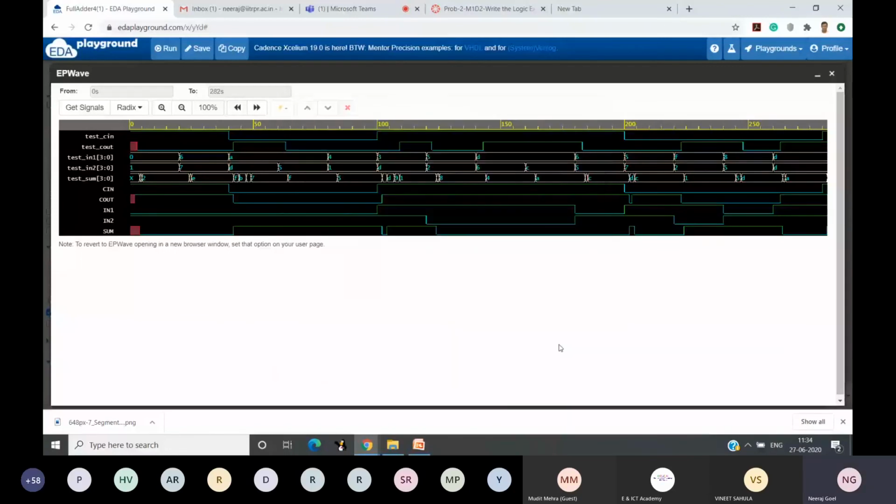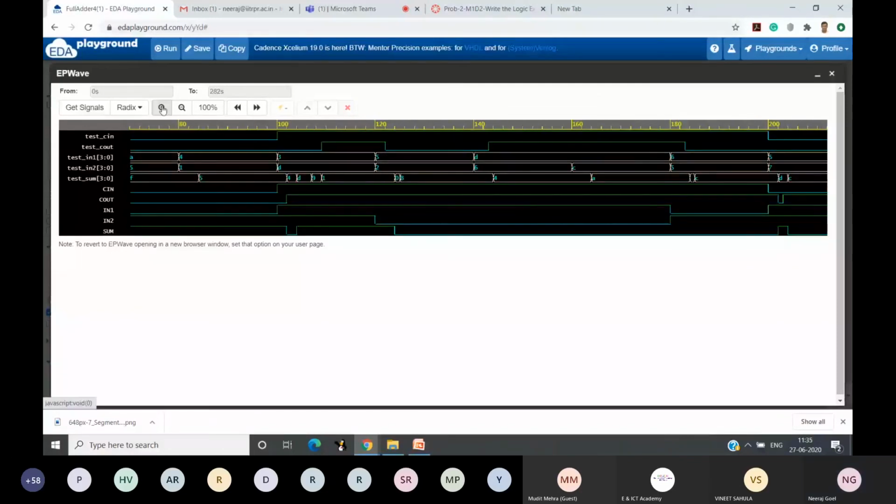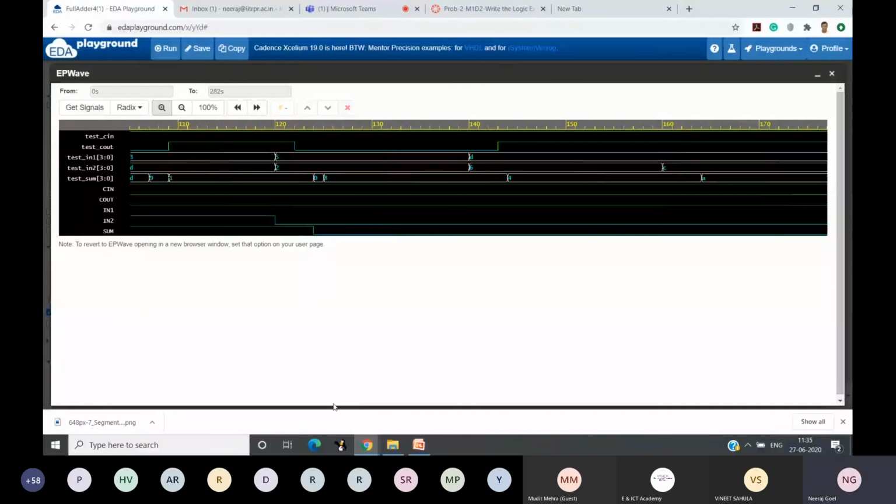now remember our second objective, we also would like to analyze the delay part. Our input is being supplied after some 20 units of time. So let's see here.